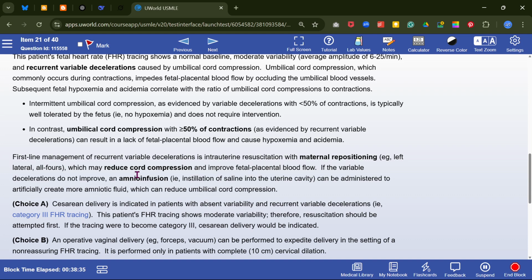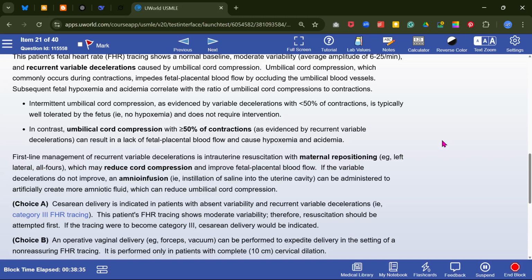First line treatment of recurrent variable deceleration is intrauterine resuscitation and maternal repositioning. Left lateral position may reduce cord compression and improve fetal placental blood flow.